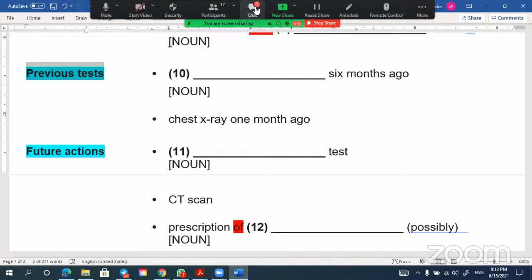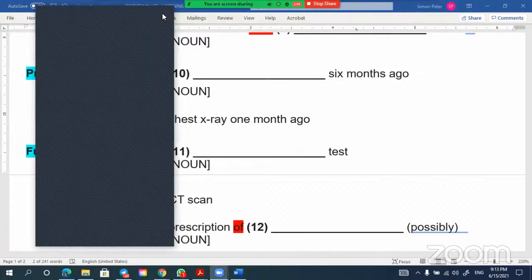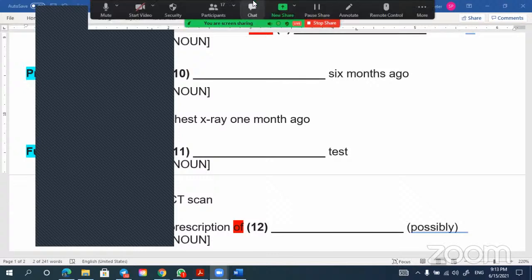Hello, Dr. Hasina. Yes, sir, but I heard hypertension. That's why I know that ECG is a test, but hypertension is a diagnosis. I heard hypertension 6 months ago. So that's why I asked. Of course, you are right. But the thing is, he's asking only about tests. Hypertension is a problem.